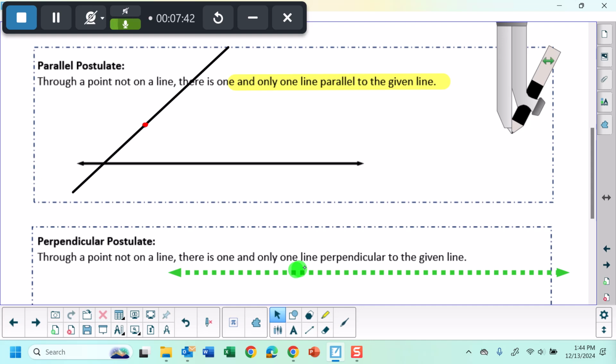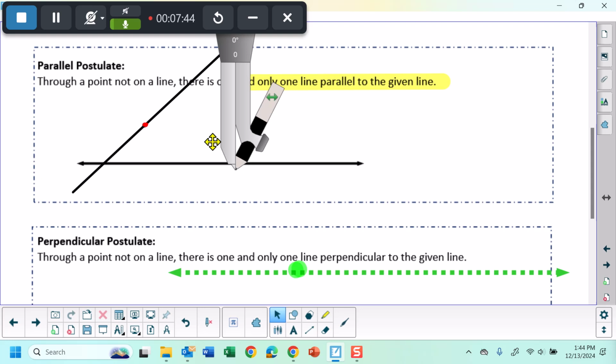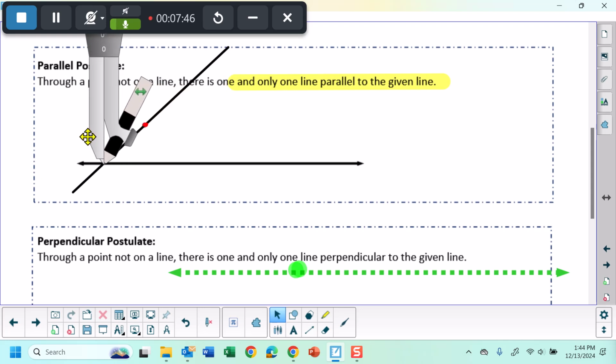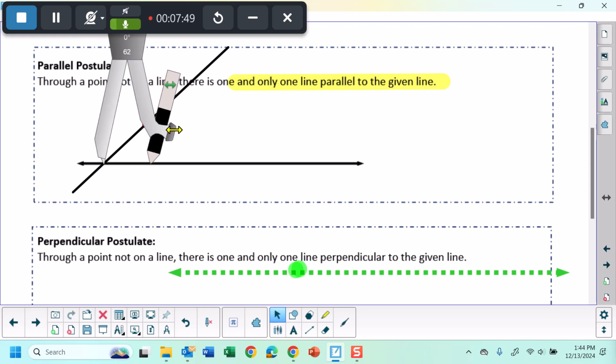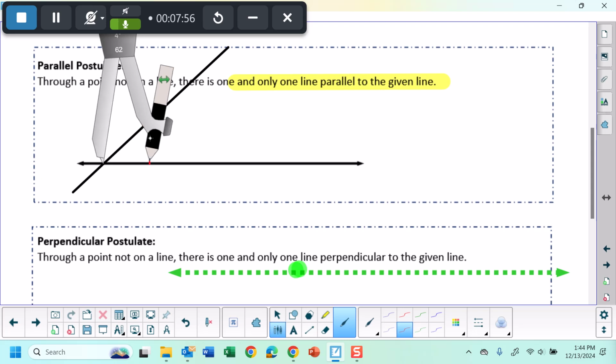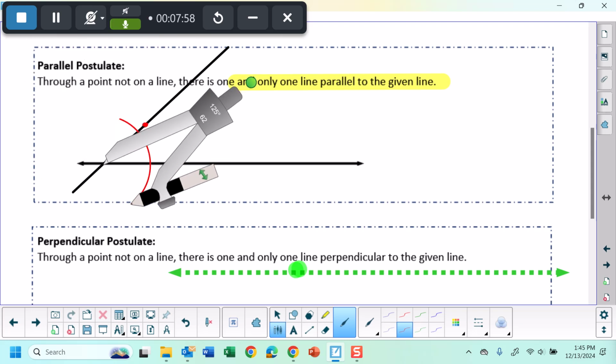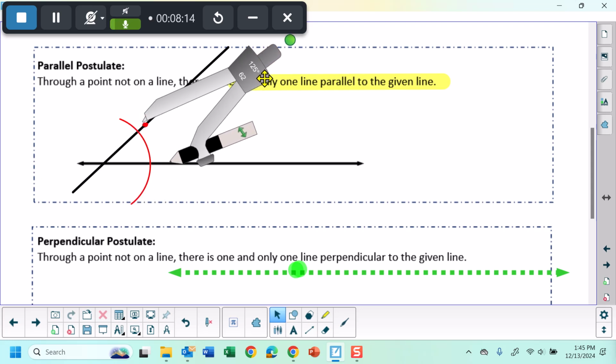Get your compass, please, and put your sharp on your bottom vertex. Open it up to a comfortable distance, not too big, not too small, and give yourself a working arc. Got it? Lock that distance in, tighten your screw up, because your next step is to transfer that working arc up to the next part of your angle.